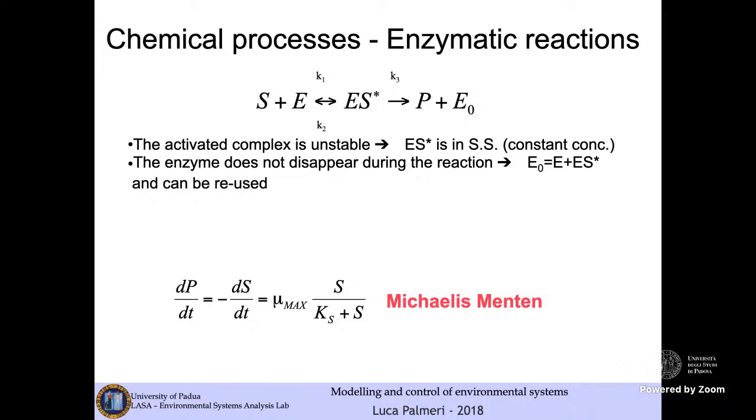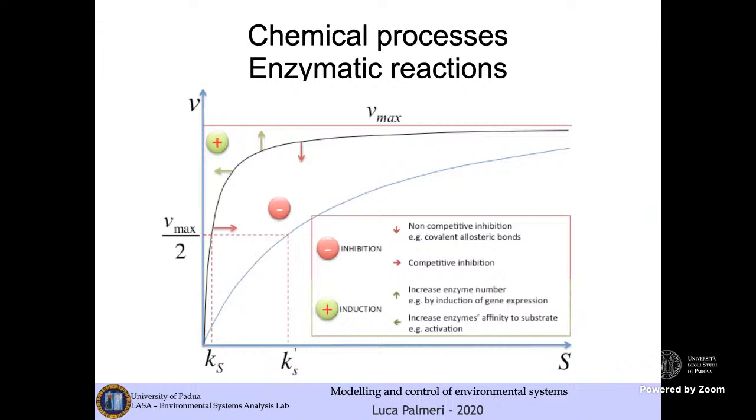If we look in detail at the Michaelis-Menten model, this is the classical saturation model. Here we describe the speed of a reaction, V, as a function of the concentration of substrate. So the speed of the reaction increases as the quantity of substrate increases, but does not grow indefinitely.